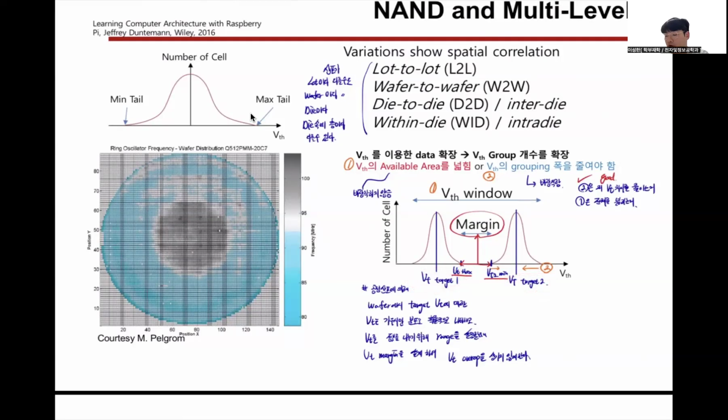First, make the threshold voltage window wider, but that is not an ideal way. And second, we can shape the threshold voltage distribution more tightly. It reduces the variation of the threshold voltage.